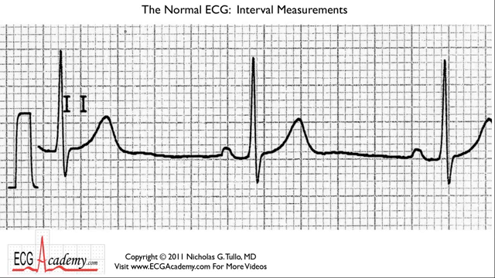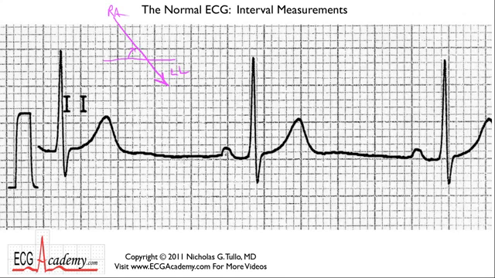If you remember your vectors, lead 2 is in this direction, down and to the right, or down and to the patient's left. It's 60 degrees above the horizontal, right? So that's from right arm to left leg. That's just a quick review of electrocardiographic axes. Okay, but that's not important to this discussion.